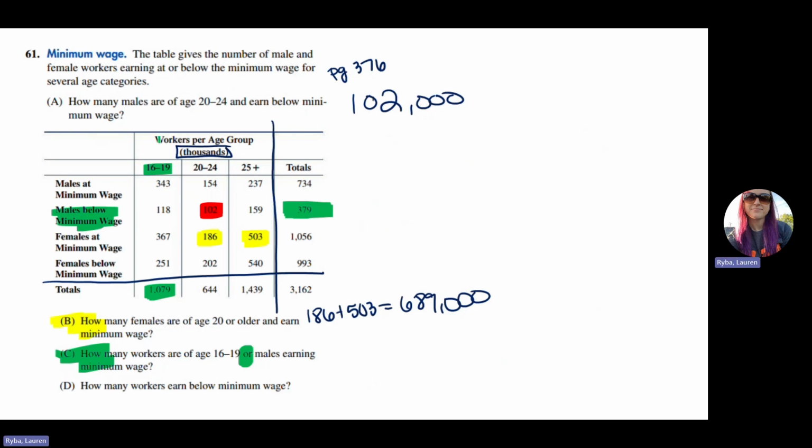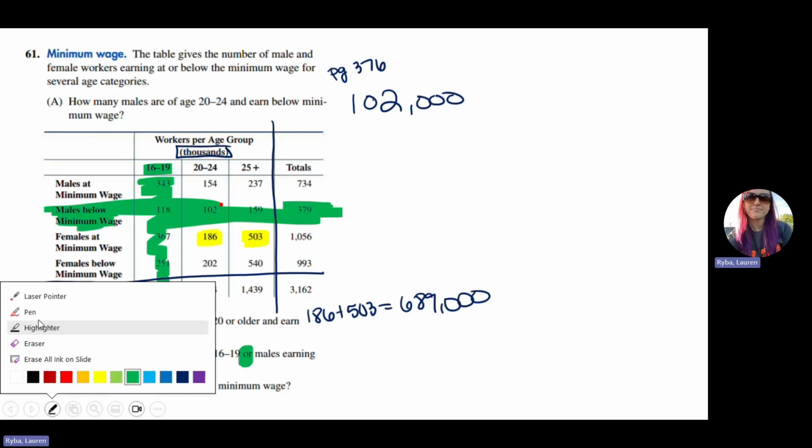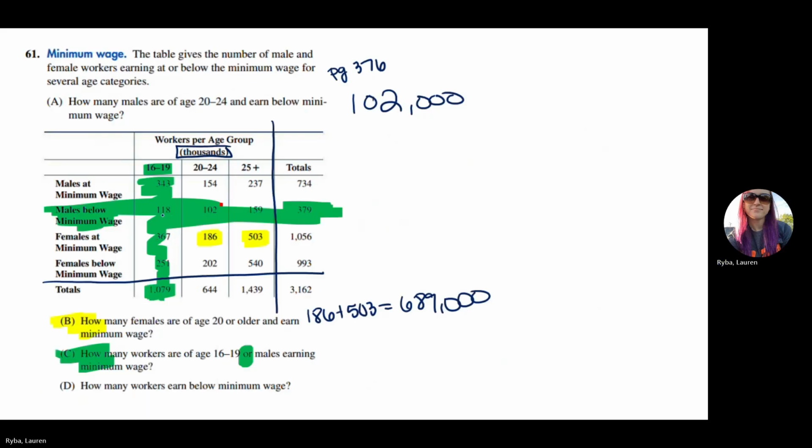Okay, so this is an or. I'm going to take this column plus the row, but do you see there's an overlap value? Right here. So 1079 is the total of 16 to 19. Males is 379 total, but I need to subtract the 118.